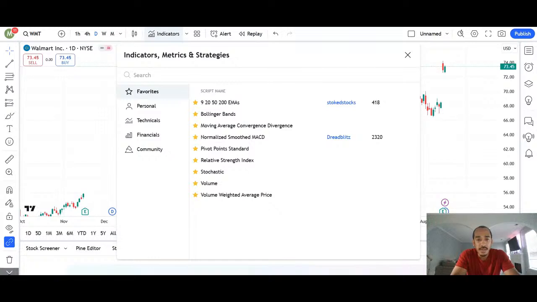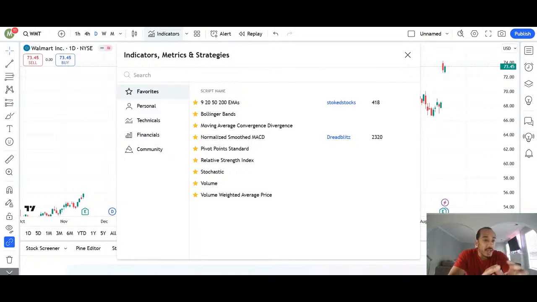Now I'm going to add indicators, right? Let me make sure y'all can see this. These are my saved indicators: the 9 moving average, the 20 EMA moving average, the 50 moving average, and the 200 moving average. Those are support and resistance levels.